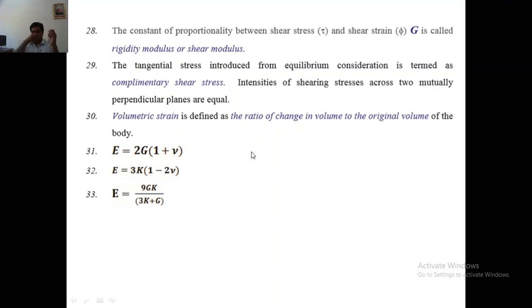So we calculate the stresses in the material when the load is applied, and we should see that the stresses developed because of the external applied load are less than the strength of that material while designing or applying those materials for different applications.